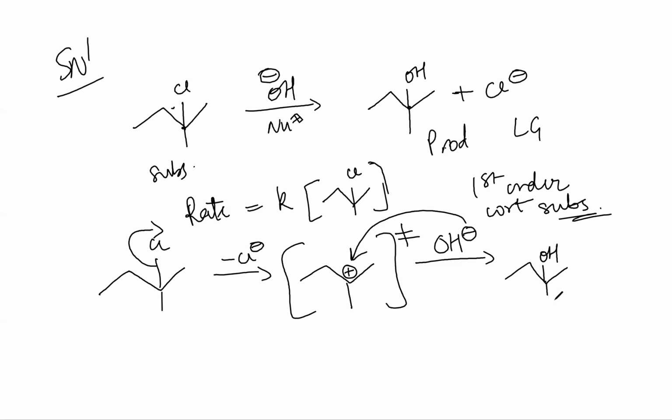There is again a lot to unpack over here regarding this whole thing that happened. But let me go ahead and draw the graph first, and then we'll talk about the intermediate or the transition state. So in this case, you actually have 2 steps going on. Even though it's a first order reaction, or because it's a first order reaction, you have 2 steps. In one step, you have the chlorine leaving. In another step, you have the nucleophile attacking.